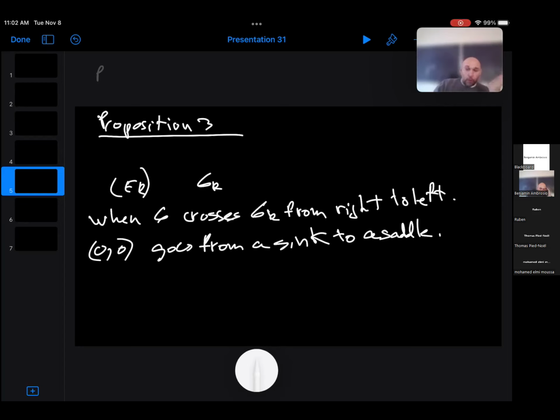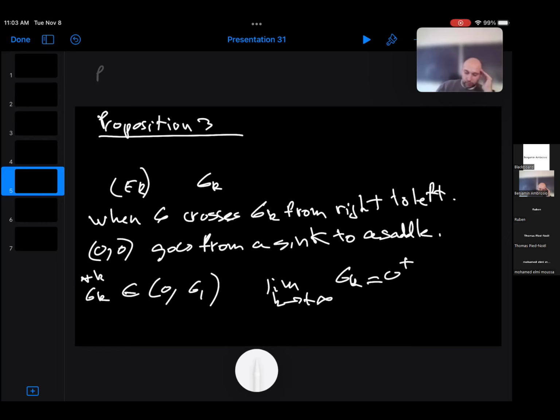All right. Meanwhile, all the sigma k, for all k, belong to 0, sigma 1, and as k goes to infinity, sigma k goes to 0 plus.